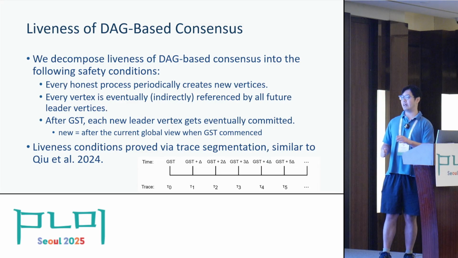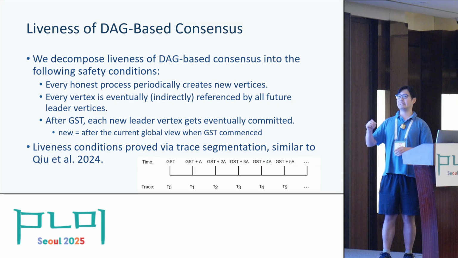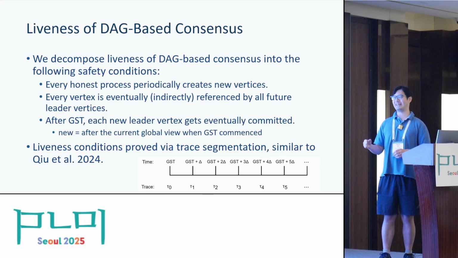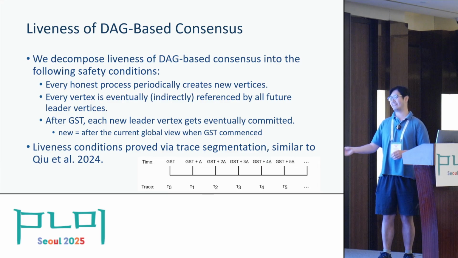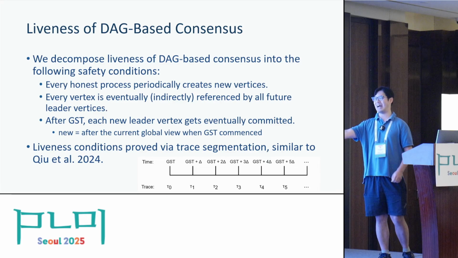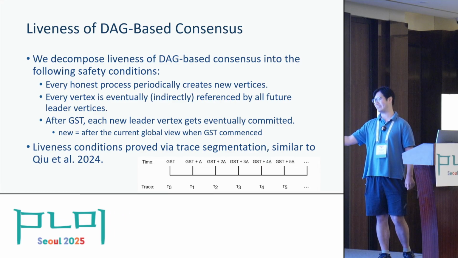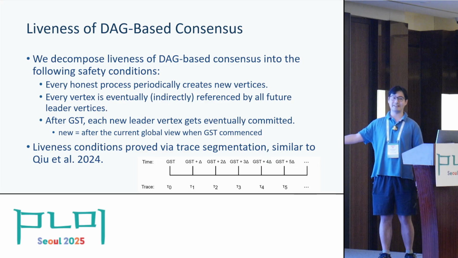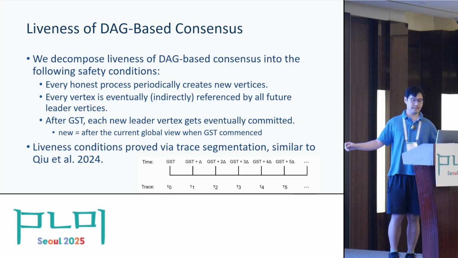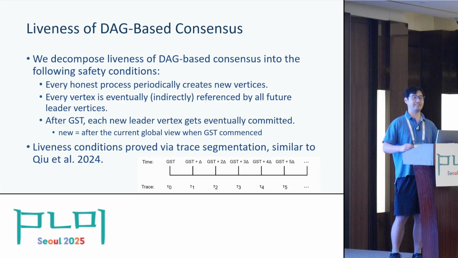So since the protocol claims, say, an optimal commit latency of 3 delta or something, then you can say that if a leader proposes something at GST plus 4 delta, you will see it committed. And so you can verify all those latency claims in these protocols.